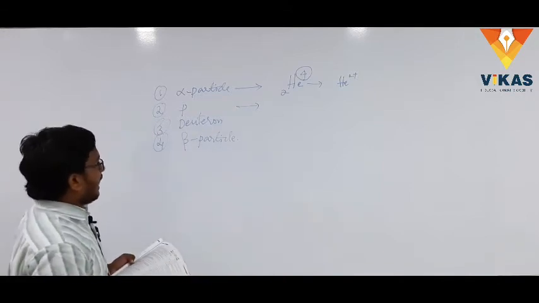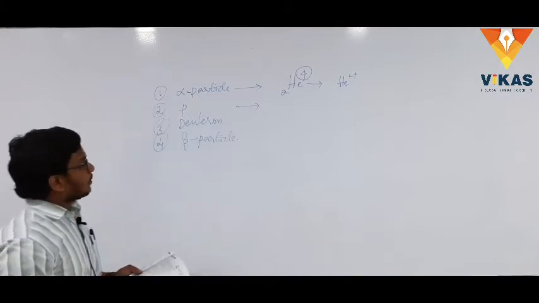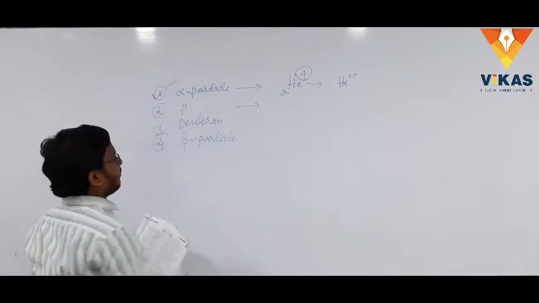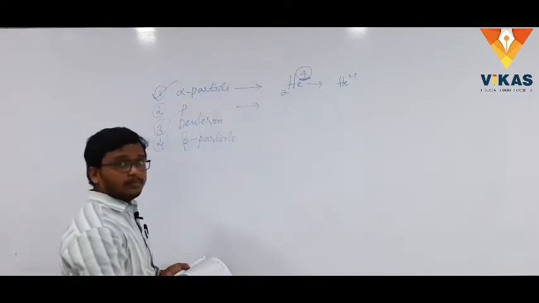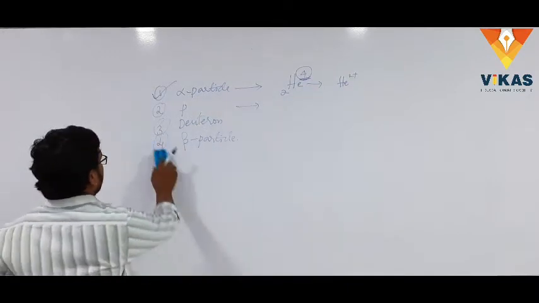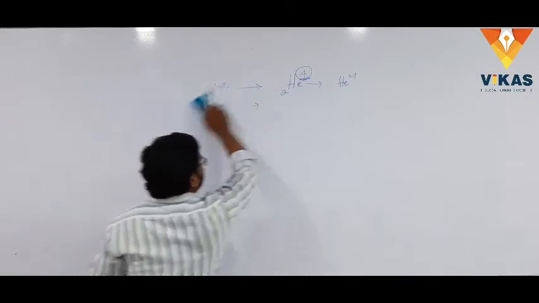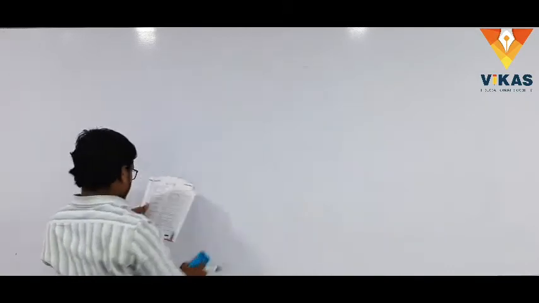Deuterium is 2, and beta particle is also 1. So the correct option will be alpha particle. It is having a mass number of 4, right. So we'll go to the next question.